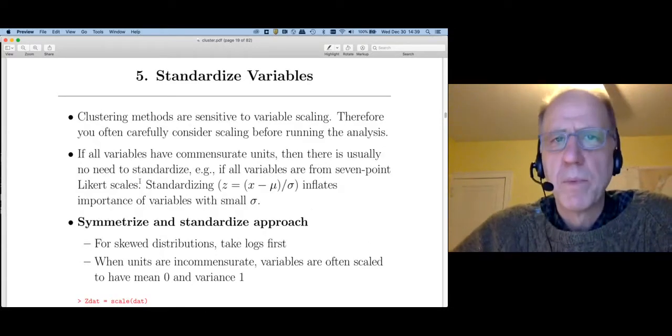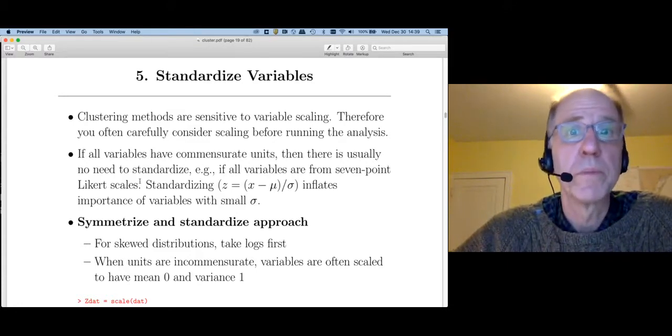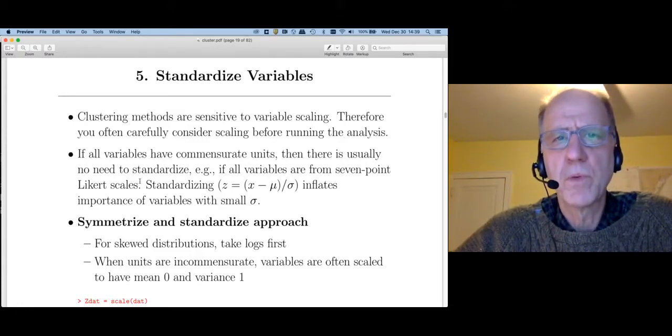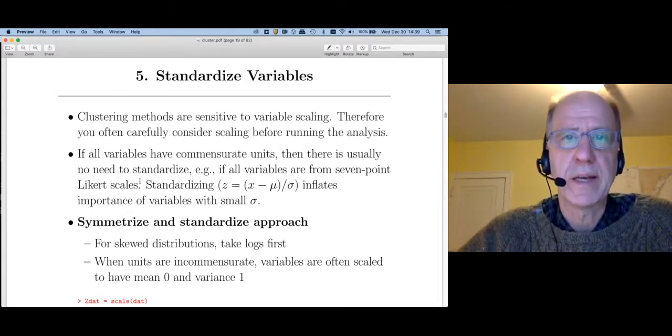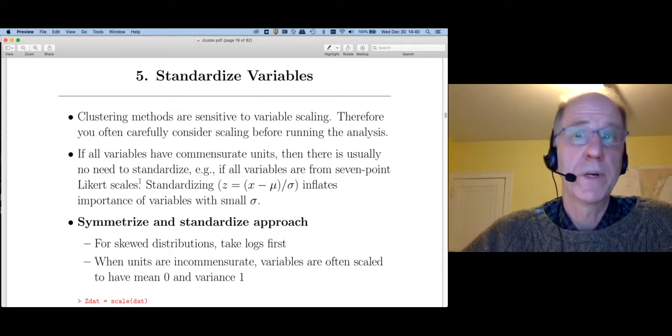So we'll talk a lot more about step 4 later, which was around which algorithm do you use. Before you run the algorithm, though, you'll probably want to standardize your data. Most clustering methods are very sensitive to the way you scale the data.